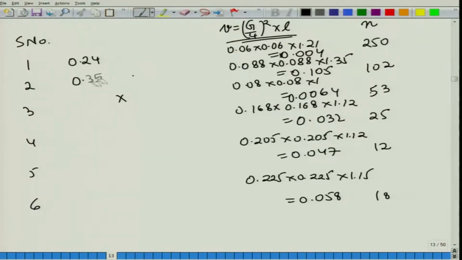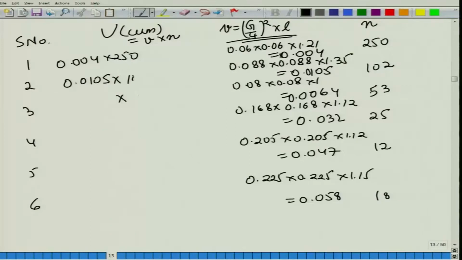So, next we will have capital V in cubic meter, which will be given by this small v into small n. So, here we have, for the first one, 0.004 into 250, here we will have 0.0105 into 102, then we have 0.006.